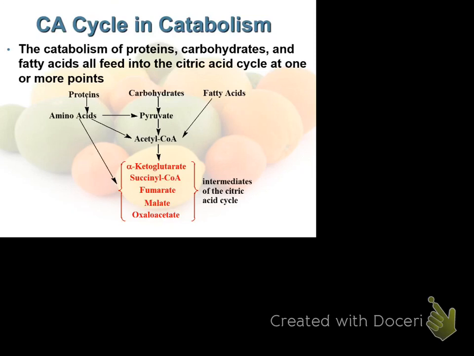Those are obvious because those are the aminotransferases from the keto acid to the amino acid form. We're going to find out how fatty acids make acetyl-CoA in a future chapter. And then proteins are broken down by proteases to give off their individual amino acids. And we'll talk a little bit about succinyl-CoA, fumarate, and malate in future chapters, and how they can all feed into the citric acid cycle.